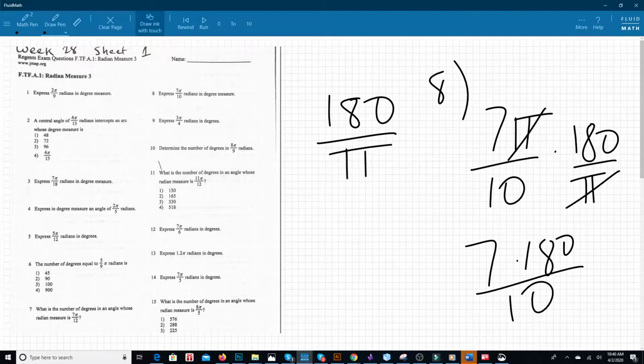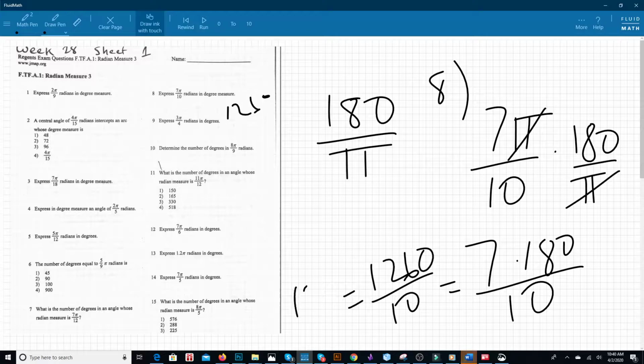Again, 1260 divided by 10 gives us 126 degrees. Everyone got that?